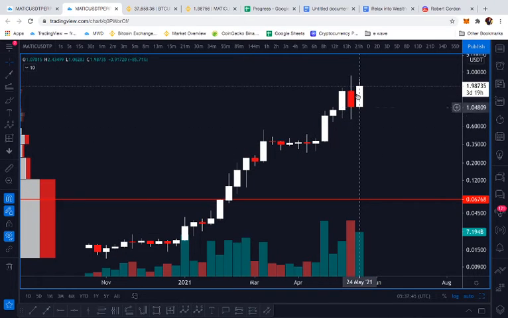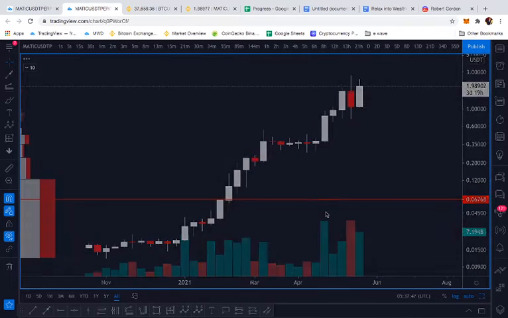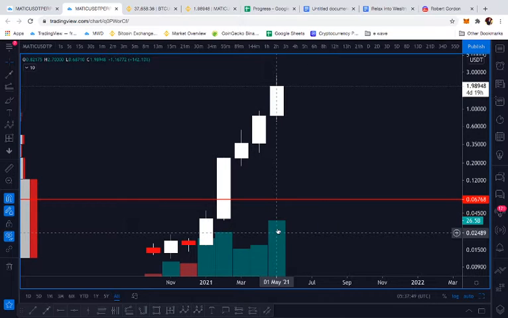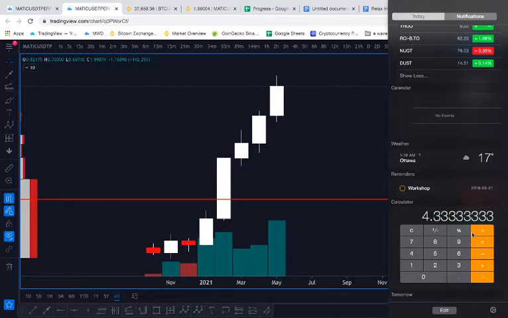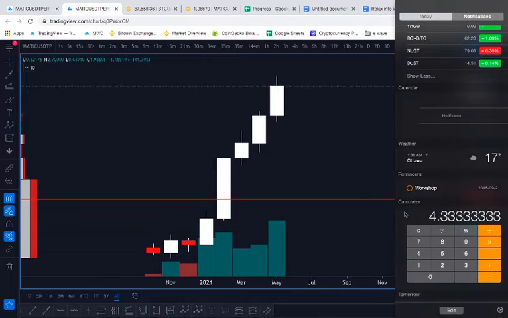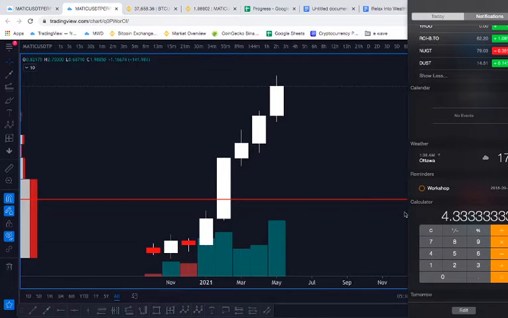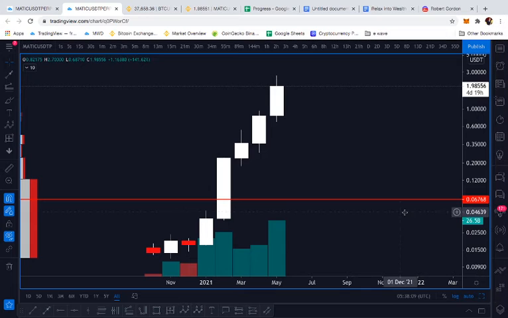But so you can see that on the monthly here, in this 1 month, we have 26 billion. There's only 6 billion supply right now, and we have 26 billion changing hands. That means the total supply has changed hands 4 times at the top here.